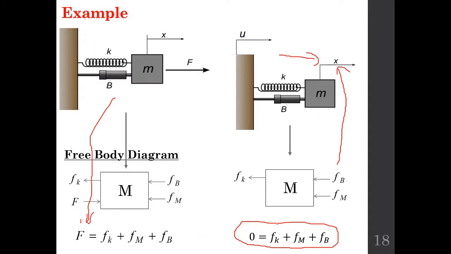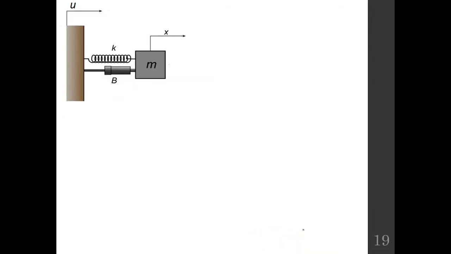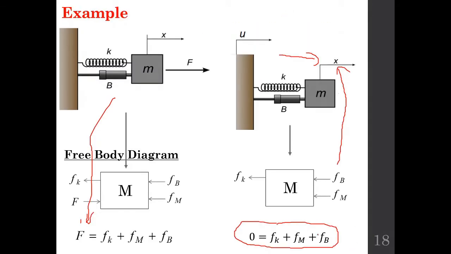Now for this translational mechanical system, the applied force is 0 because there is no applied or external force given here, which means that the applied force will be 0. However, we have the opposing forces which are Fk, Fm and Fb. So next we need to find out this Fk, Fm and Fb.